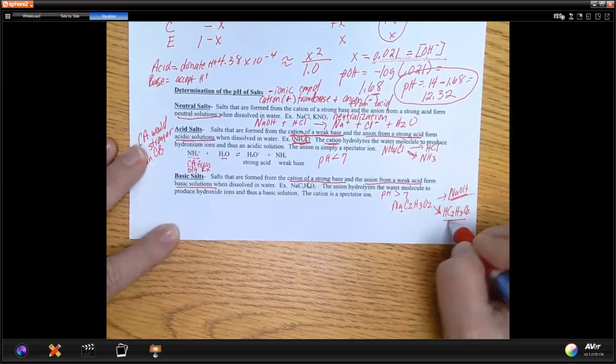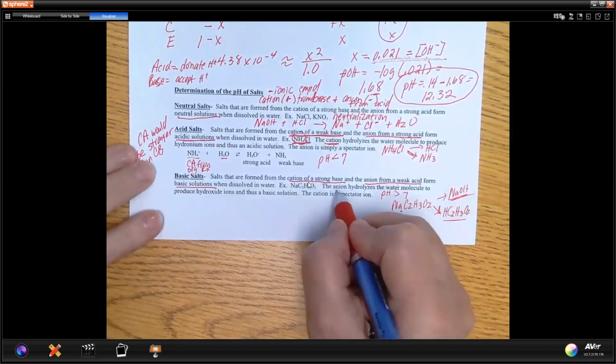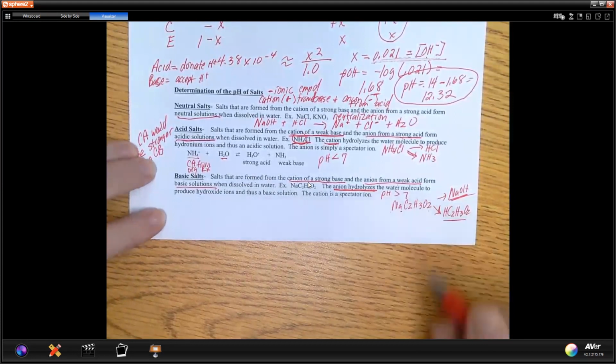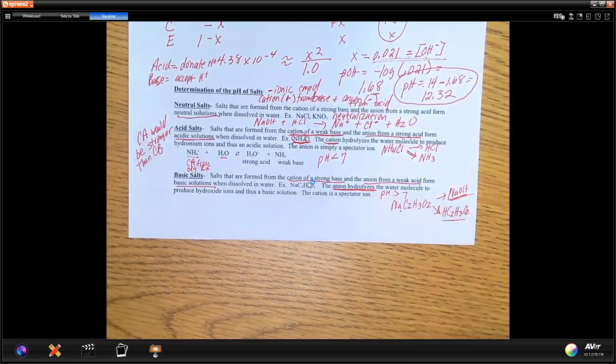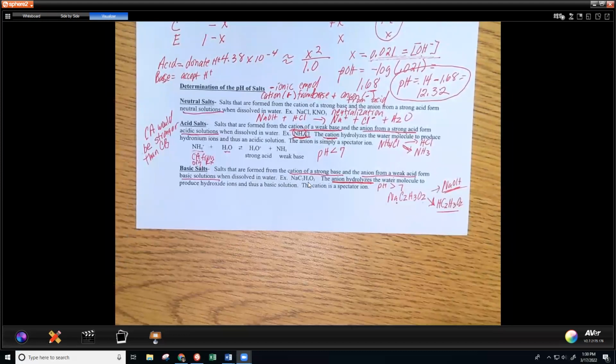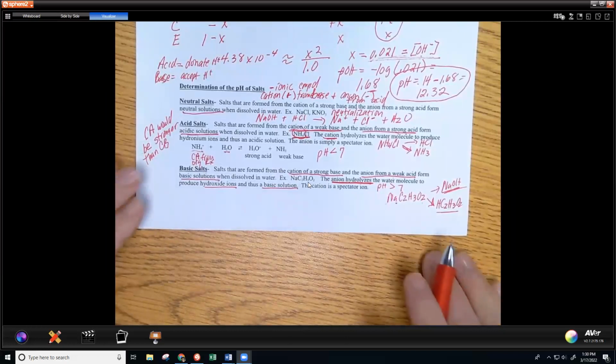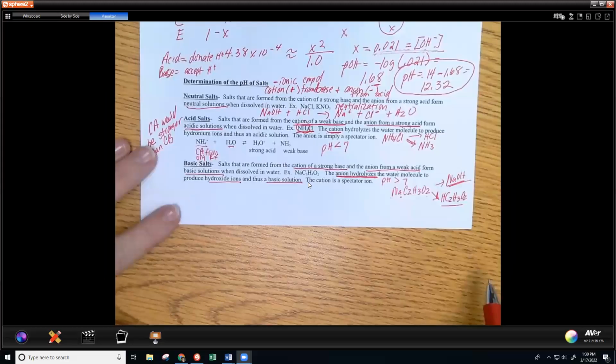So there's my strong base, my weak acid. In this case, the anion, the negative ion, is going to be the one that hydrolyzes the water, and it's going to produce hydroxide ions and thus a basic solution. In this case, the cation is just the spectator ion.